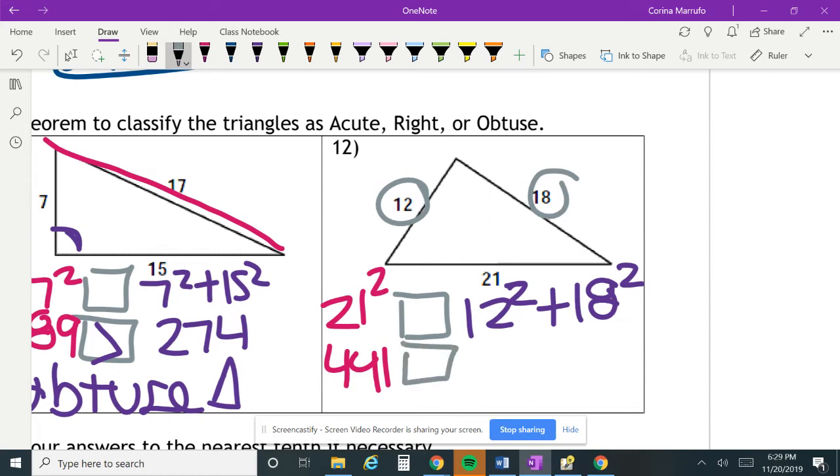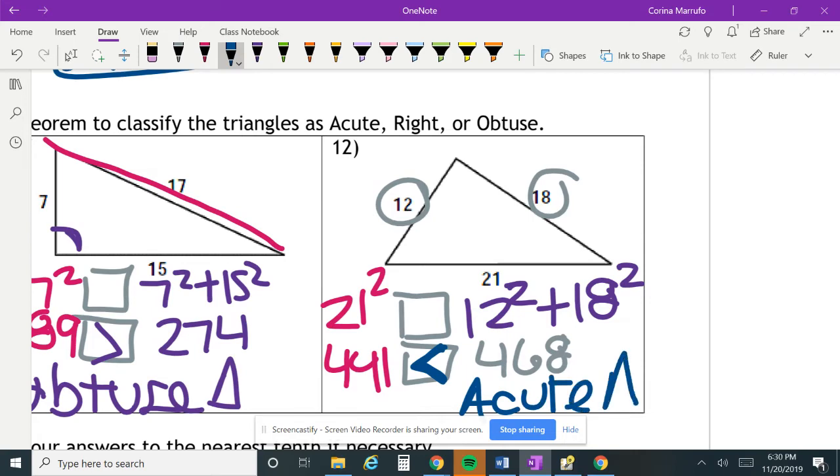And then 12 squared is 144 plus 18 squared. That gives us 468. So 468 is bigger. So 441 is less than 468. So that means this is going to be an acute triangle.